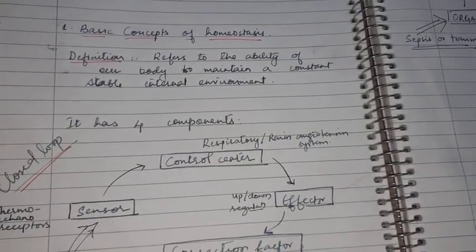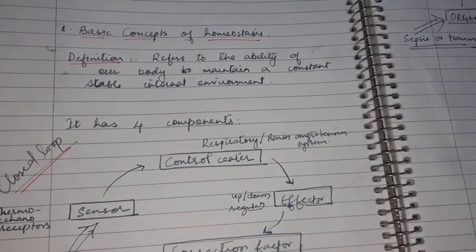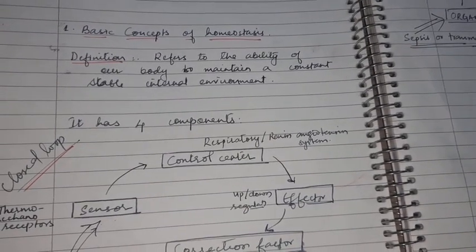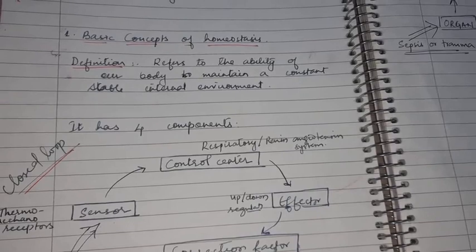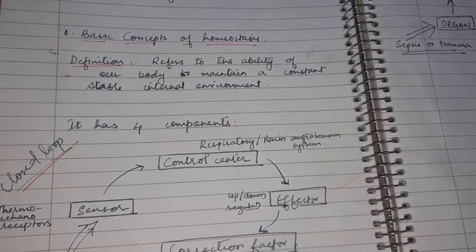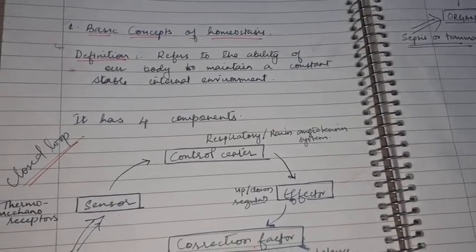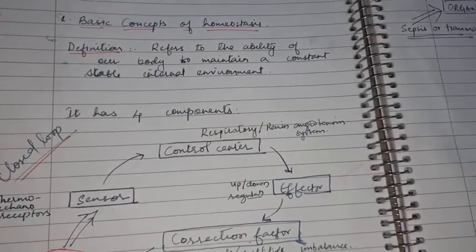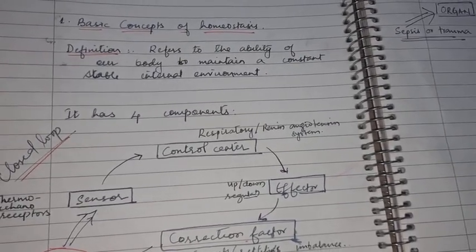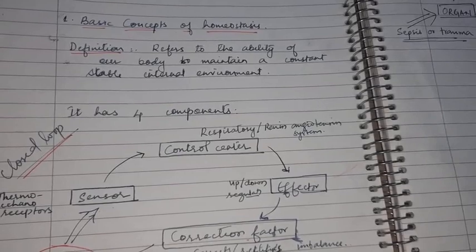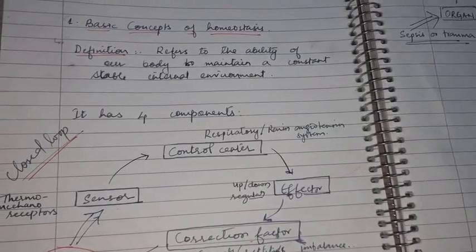So what is the definition of homeostasis? Homeostasis refers to the ability of our body to maintain a constant stable internal environment. So the physiological mechanisms that are going on in our body require a certain temperature, require a certain pH for the enzymatic activity, for the hormonal activity to go through.